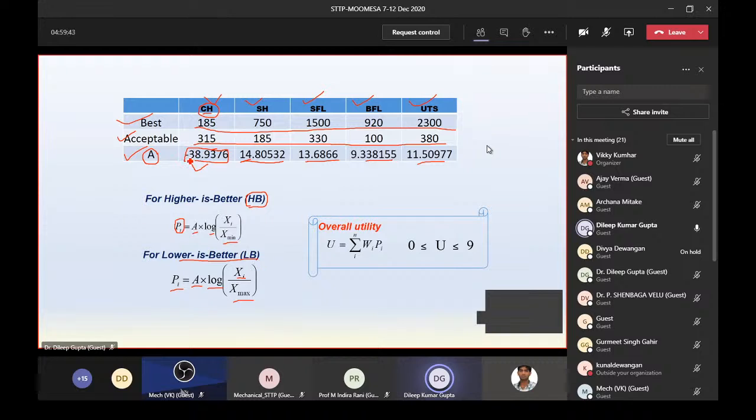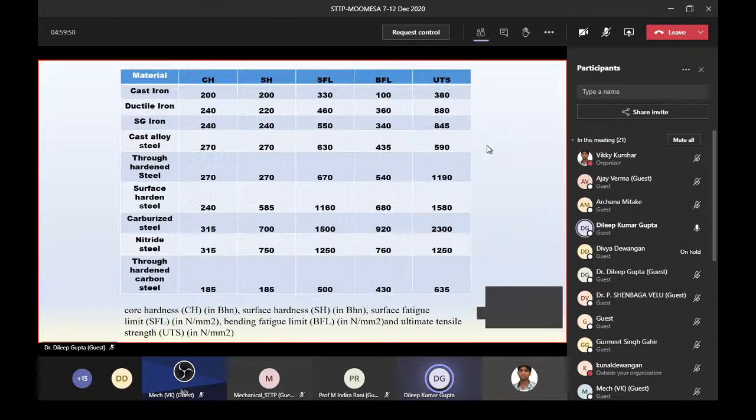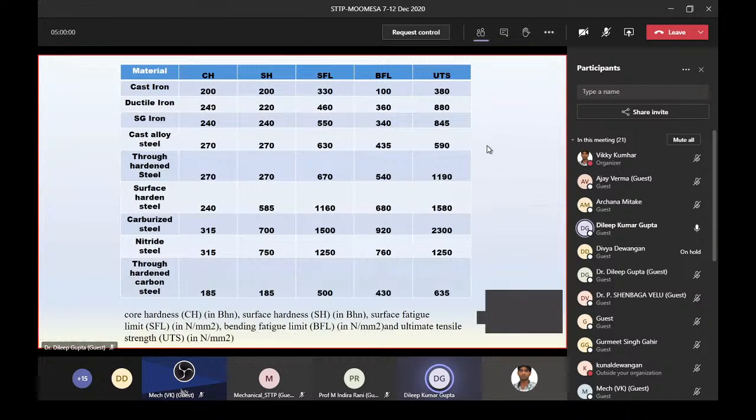So we have the A value, minus 38.93 here, log of xi. What is xi? 200, correct? Xi is 200 we are taking.